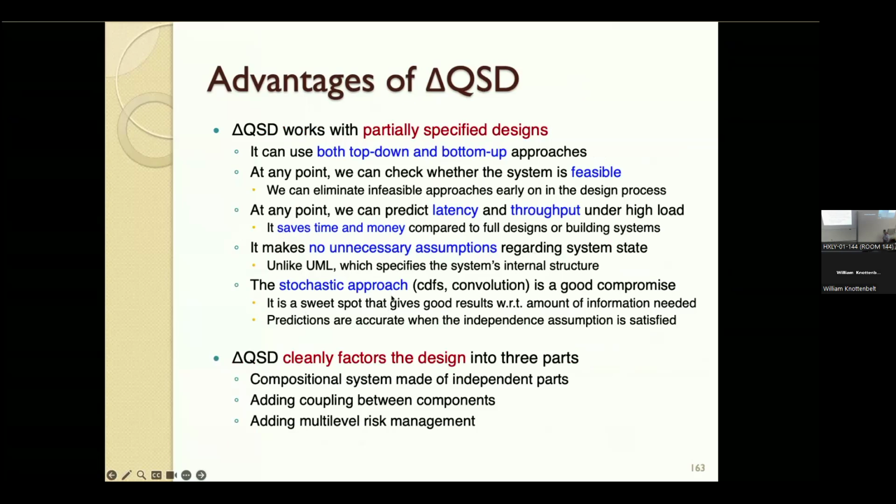This seems to be a sweet spot: it has a lot of information, but not too much, and it has the right default. It assumes independence and you add dependence when you need it, so dependence will not break it. You just have to add a little bit. So you have the three parts of the design: independence, coupling, and multi-level management.